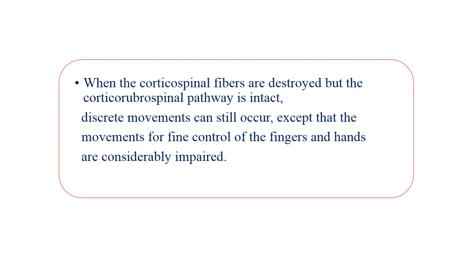He can do them but with impairment. He does not do them precisely because the main part responsible for the movement, the corticospinal, is destroyed. So he can still do discrete functions with a beginning and end, but they are impaired, not well performed. That's why the red nucleus is an accessory pathway needed in certain situations.